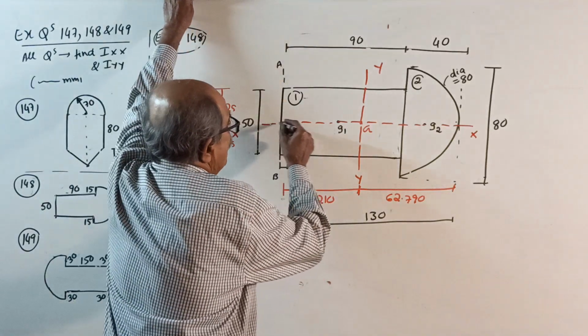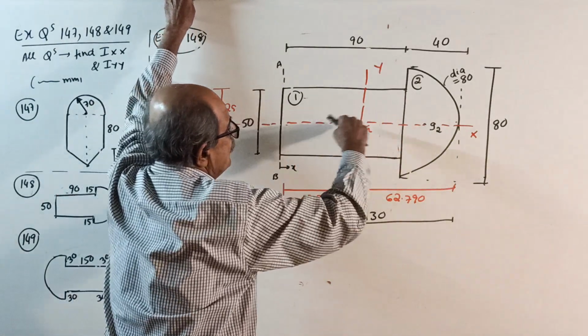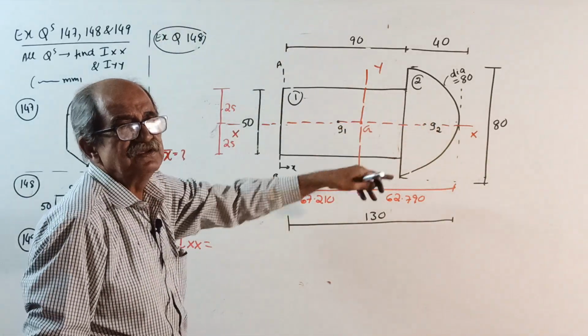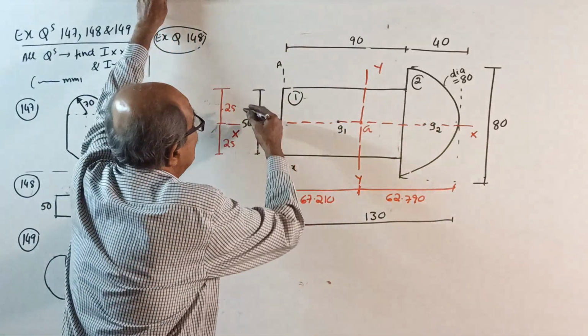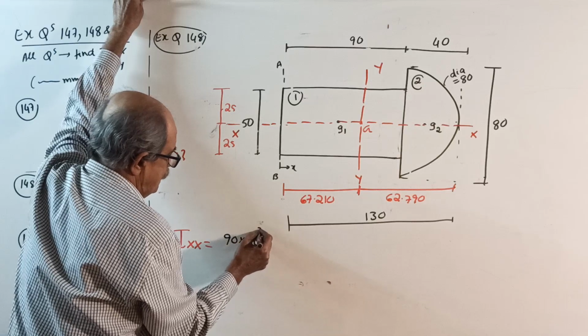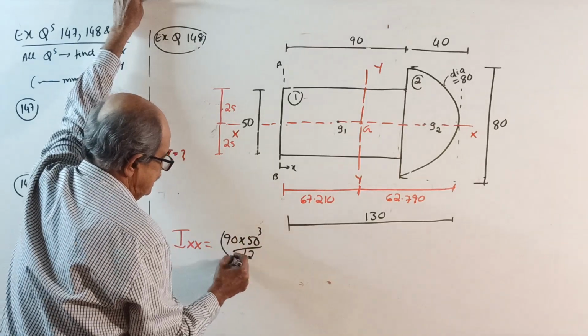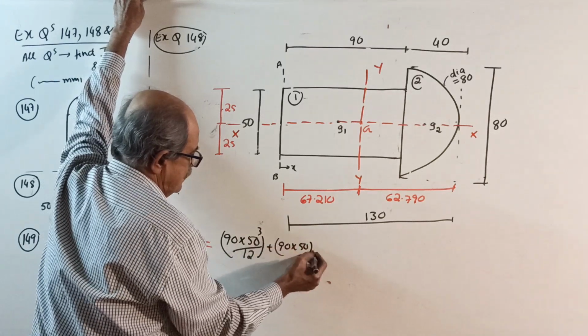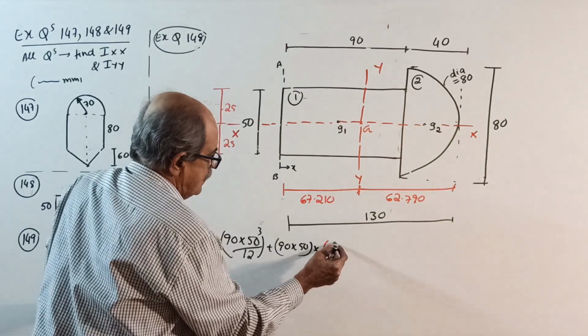I about XX. See, when you do I about XX, remember G1, G2 both lie in XX. Therefore, 0 square later. 90 into 50 cube, 50 cube by 12 Ig plus area, 90 into 50 is the area into 0 square.